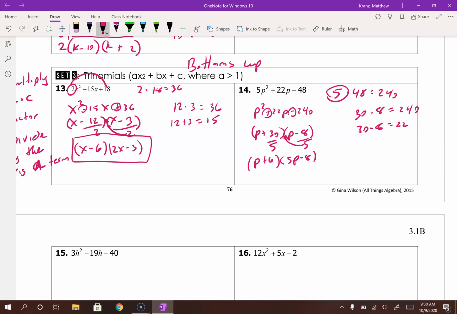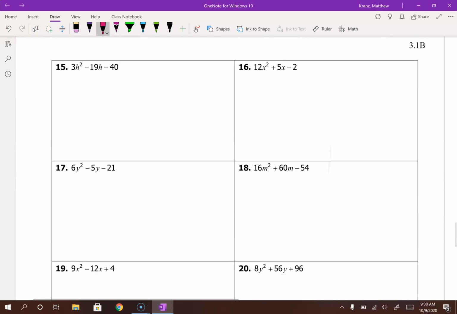All right, and then we'll try the other couple. Let's try one more. 3 times 40, so it's negative 120. That is h squared minus 19h minus 120. I need two numbers that multiply to be 120 but subtract to be 19. We have 12 times 10.